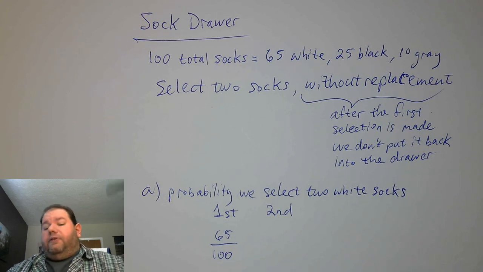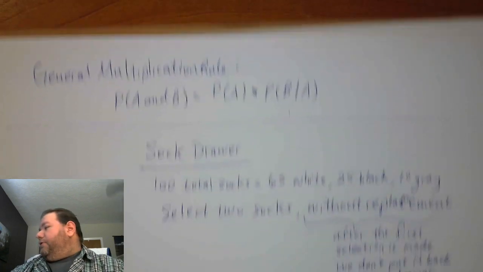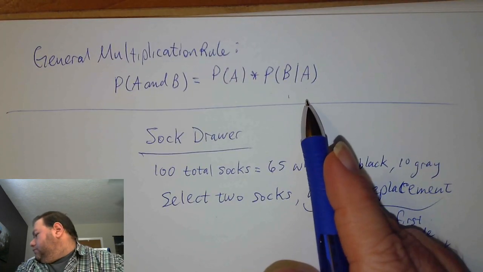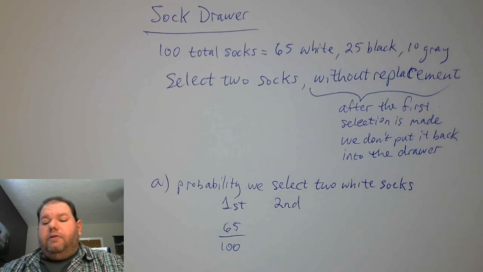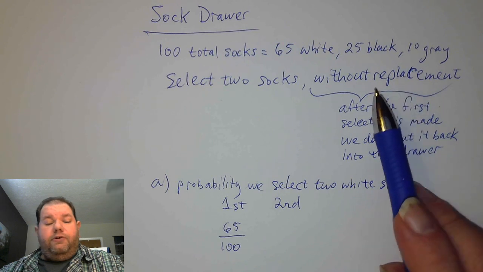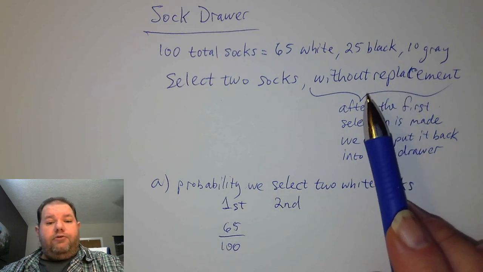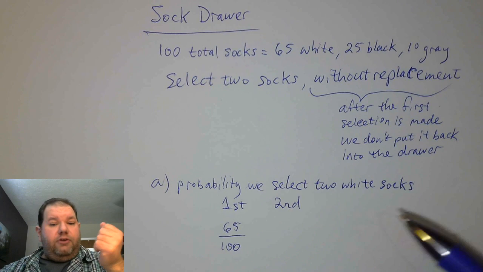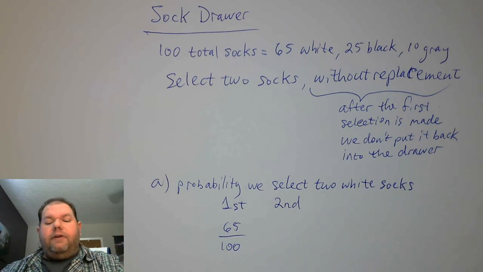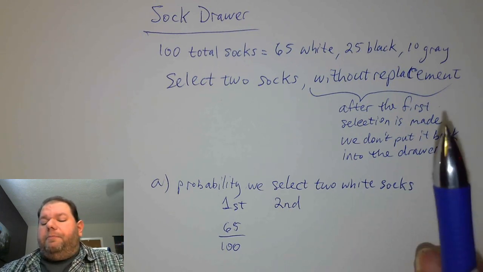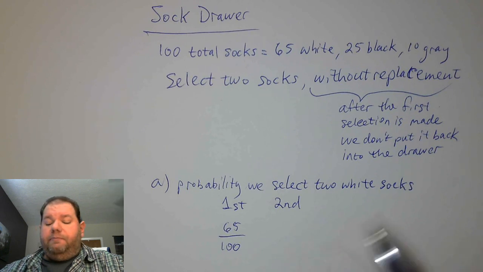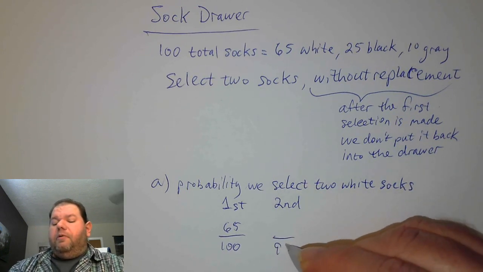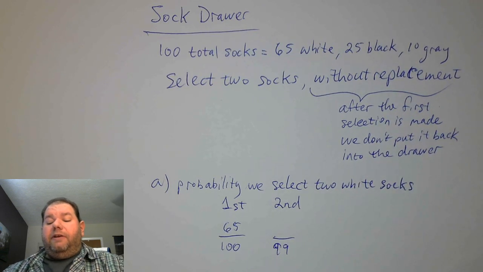But here's the issue, and this is where our conditional probability comes into play. The idea here is that once we choose that first white sock, we take it out of the drawer. We want to keep that white sock and then choose another white sock so we have a pair to wear the next day. So if we take that white sock out of the drawer, there's only 99 socks remaining. Okay. How many of the remaining socks are white?